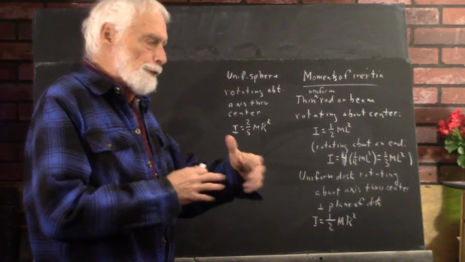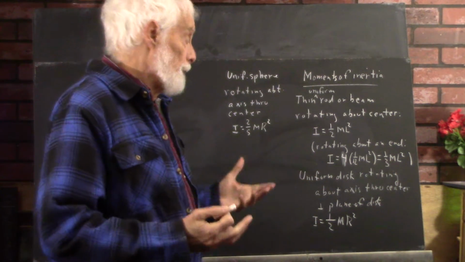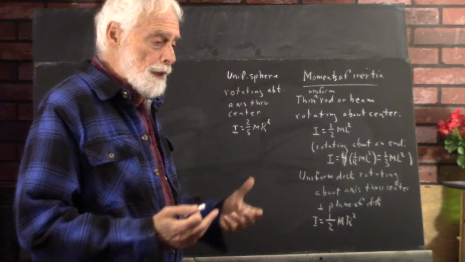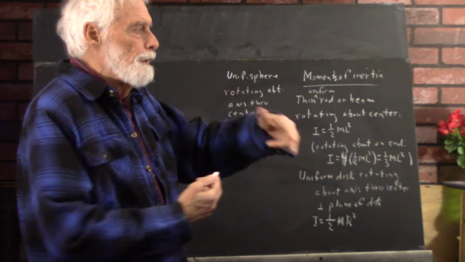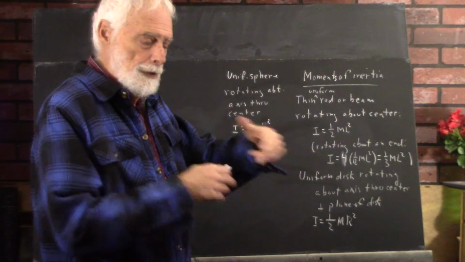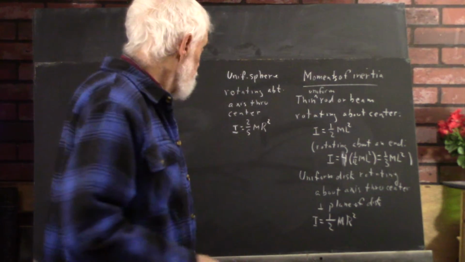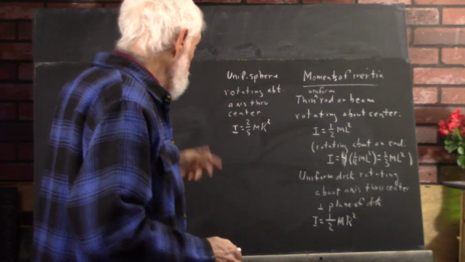Which means that if the sphere and disk have equal masses and radii, it's going to take less energy to get the sphere rotating at a certain rate than it does the disk. If those gestures make any sense, I'm not sure they do.